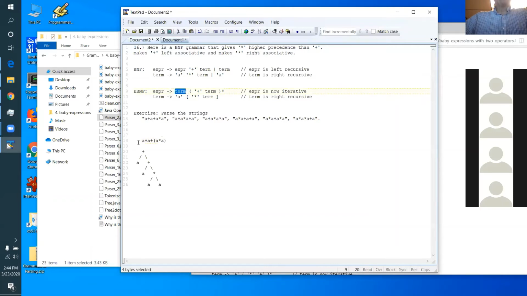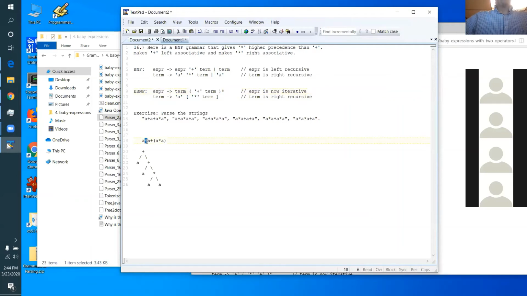Again, expression was a term. So we start off by parsing this by finding a term. The term is an A, followed by a star. Oh, no star, so we stop with the A. That's our first term. Then we do one iteration of plus term.